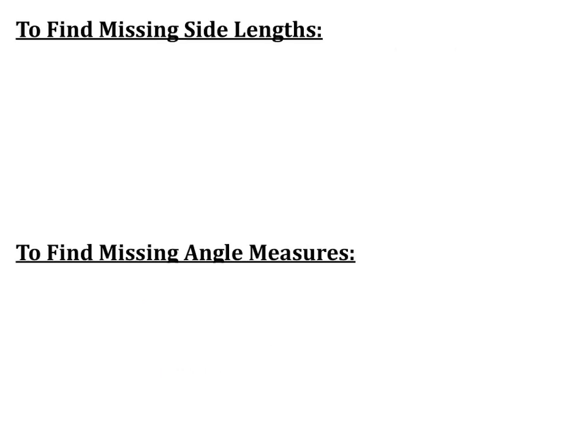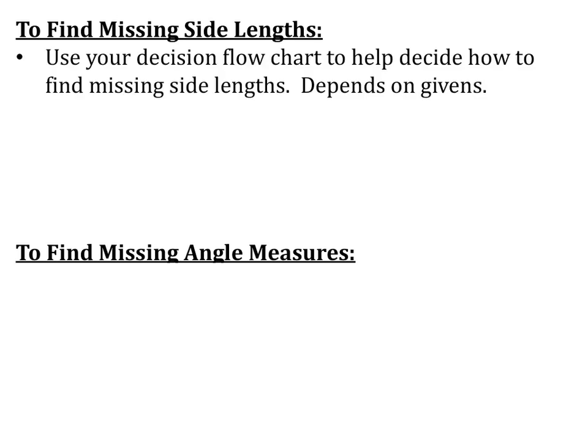All right, so let's take a moment and just talk through how to find missing side lengths and how to find missing angle measures. Make sure that you're using your decision flow chart to help you decide how to find missing side lengths. It's definitely dependent on what's given.